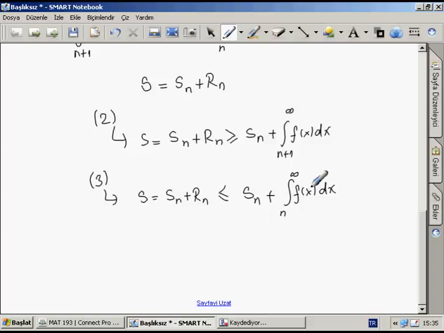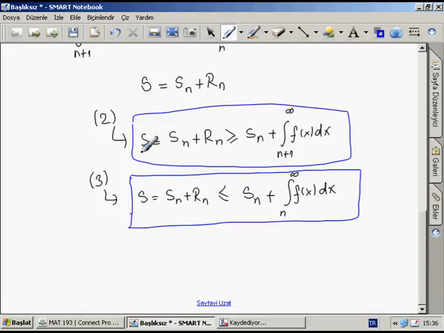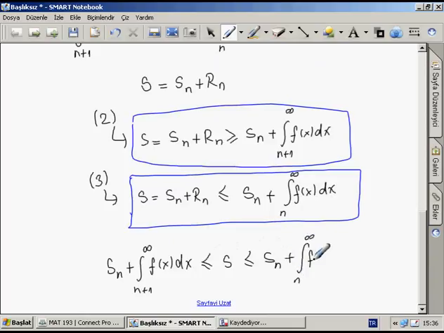And putting these two together gives us, in total, S_n plus the integral from n plus 1 to infinity of f of x dx is less than or equal to S, which is less than or equal to S_n plus the integral from n to infinity of f of x dx.